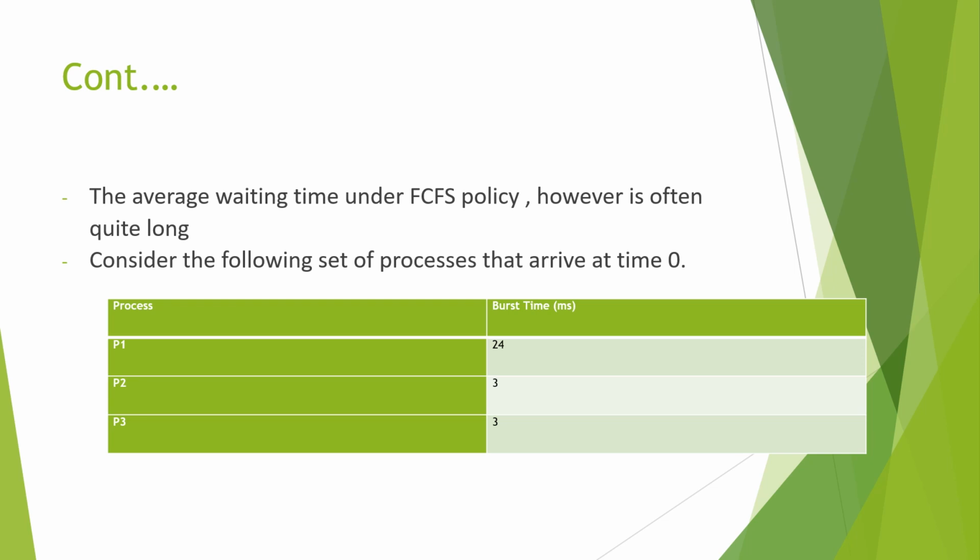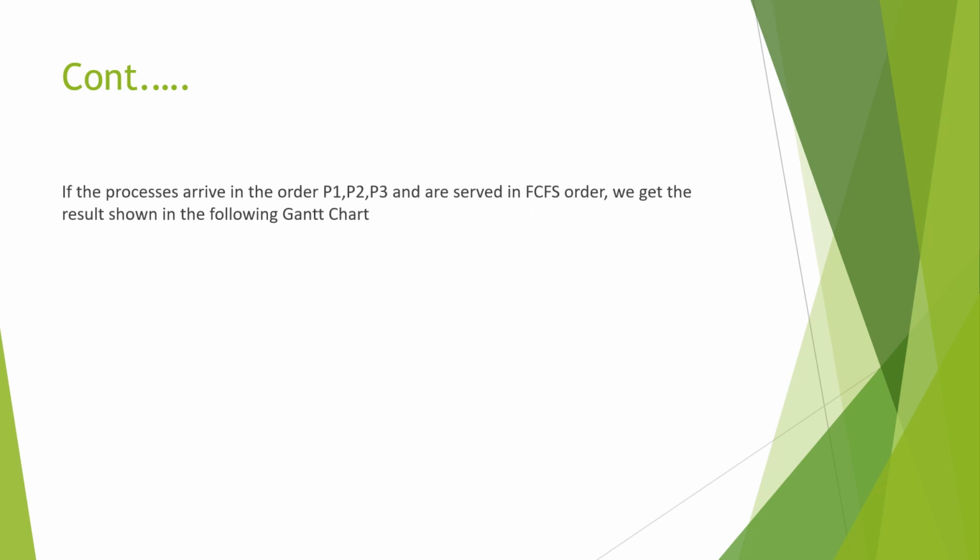Process P2 is 3 milliseconds. Process P3 takes 3 milliseconds. If the processes arrive in the order P1, P2, P3 and are served in first come, first serve order, we get the result shown in the following Gantt chart.